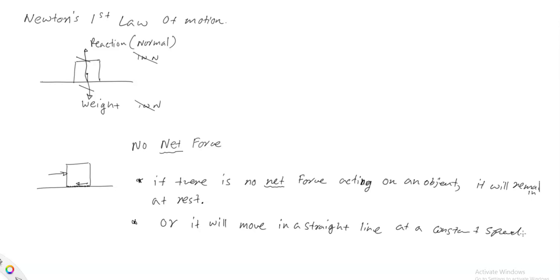So what is this second part talking about? That even without any force, the object can move in a straight line at a constant speed. So these words are important: straight line, constant speed. In other words, the object can move at a constant velocity.